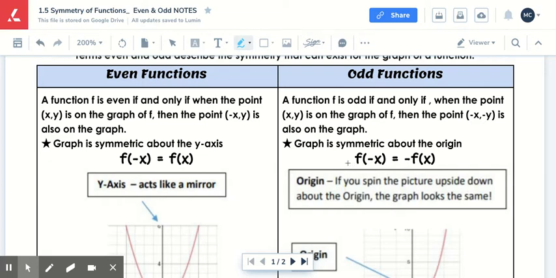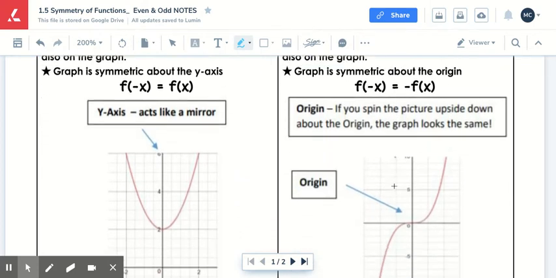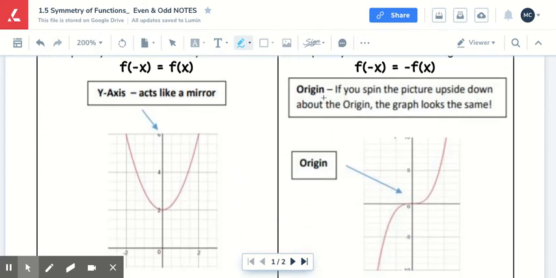Algebraically, that would mean if you take all of the x's and you replace them with negative x, the function that you end up with would have the opposite signs on everything from the original function. On a picture, we call this symmetric about the origin.